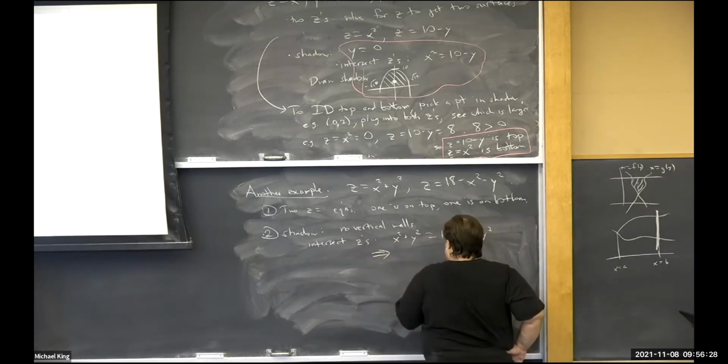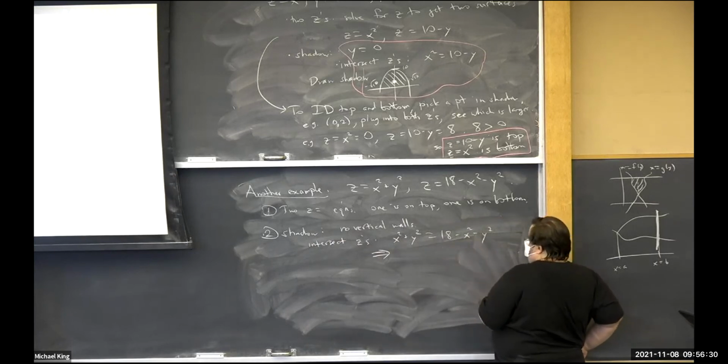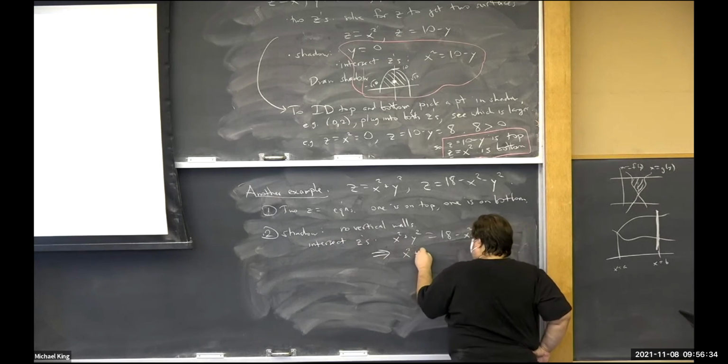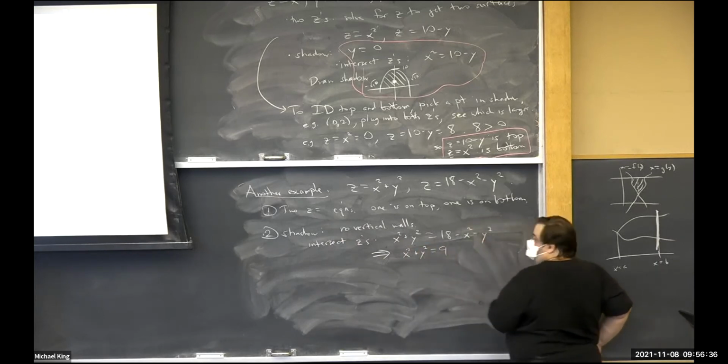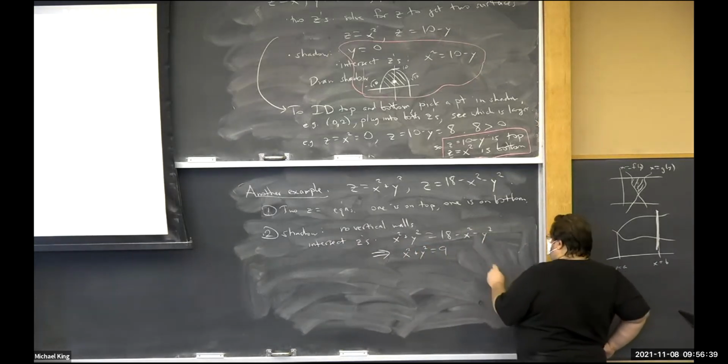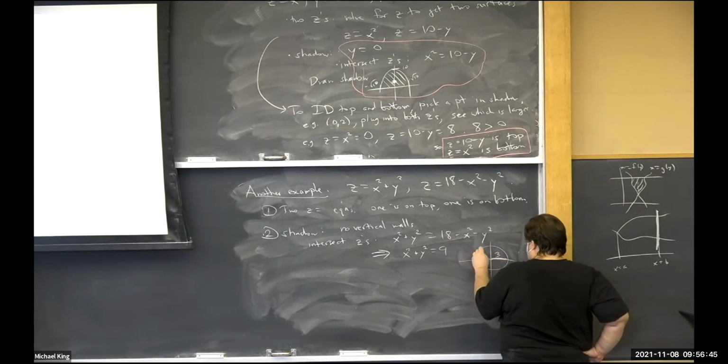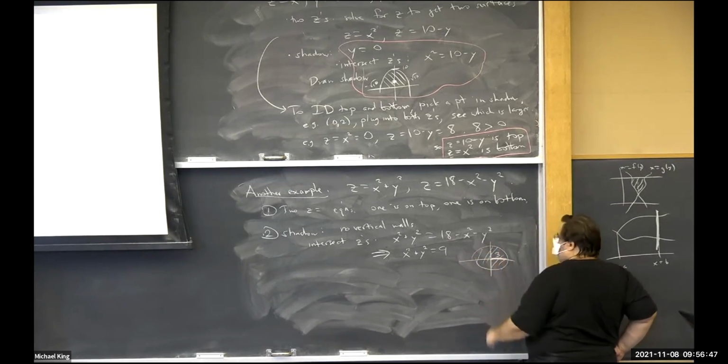If you rearrange this, you get 2x squared plus 2y squared equals 18, so x squared plus y squared equals 9. So that's a circle of radius 3, right? This is our R right here. That's our shadow.